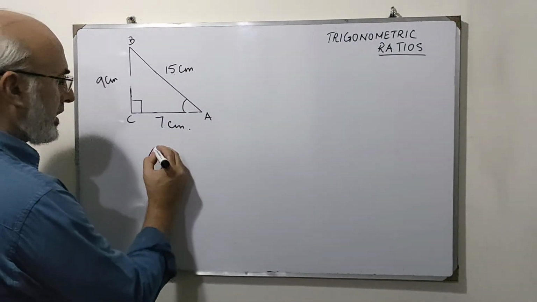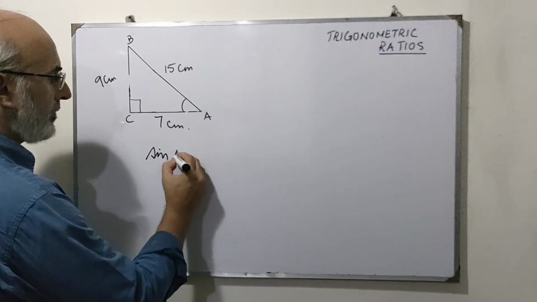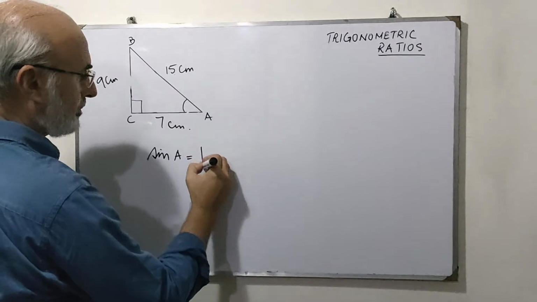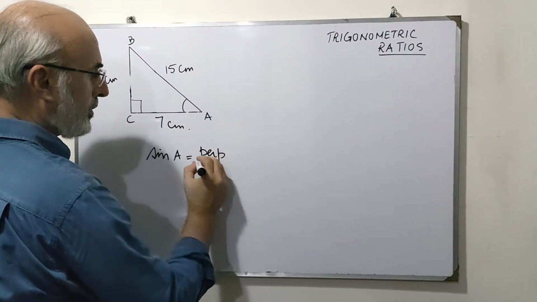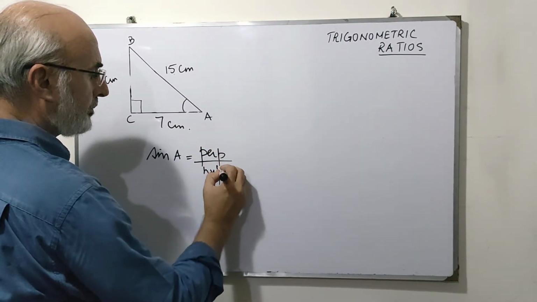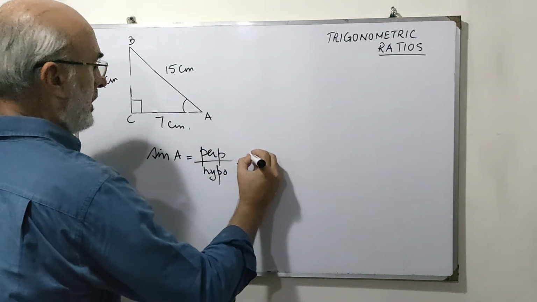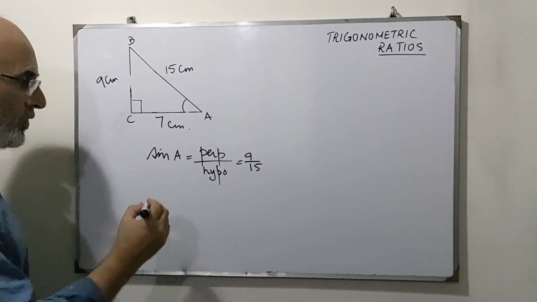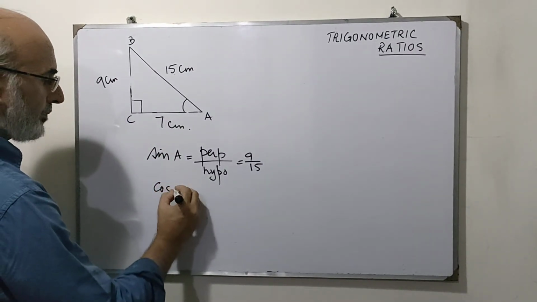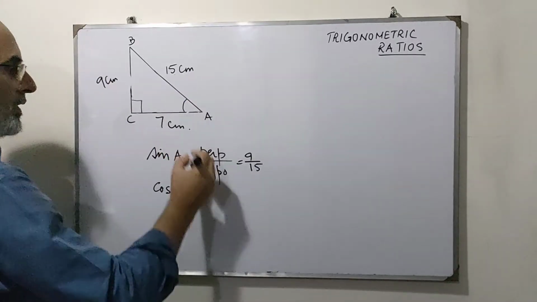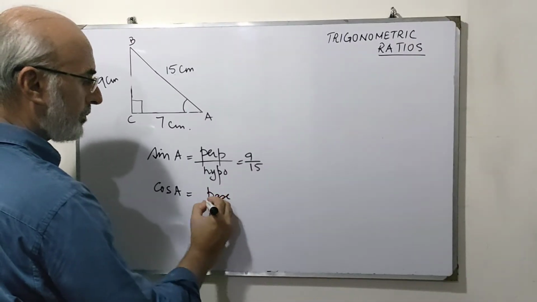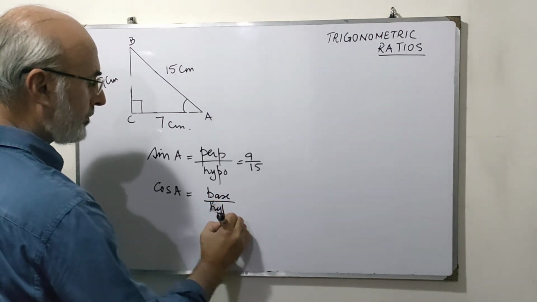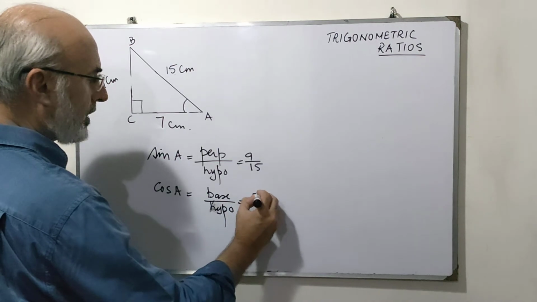The first ratio is sin A, and what is that? Perpendicular over hypotenuse, which is 9 over 15. The second ratio is cos A, which is base over hypotenuse, and this is 7 over 15.